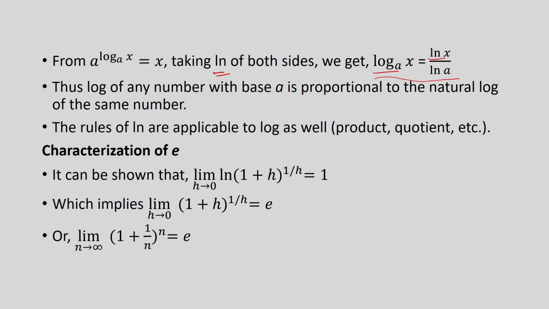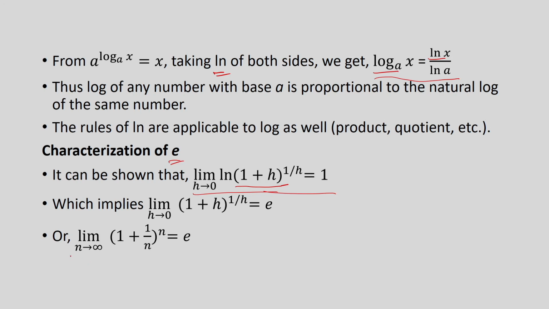Now, I come to the characterization of small e, because we have found this small e, but it can be characterized in a different manner also, apart from what we have done before. It can be shown that if you take the limit of natural log of 1 plus h to the power 1 divided by h, as h goes to 0, this becomes equal to 1, which means that this particular quantity, 1 plus h to the power 1 divided by h, will go to e, that is why the log of this thing goes to 1.